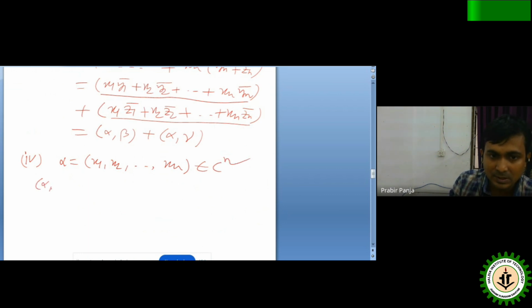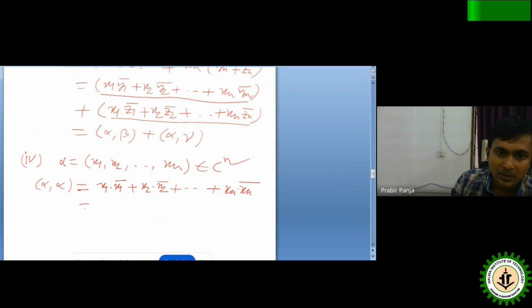If we take the inner product between the same vector alpha and alpha, as per our product rule, this will become x1 into x1 bar plus x2 into x2 bar plus ... plus xn into xn bar. Using the simple definition of a complex number, we know that z into its conjugate is nothing but mod z square.